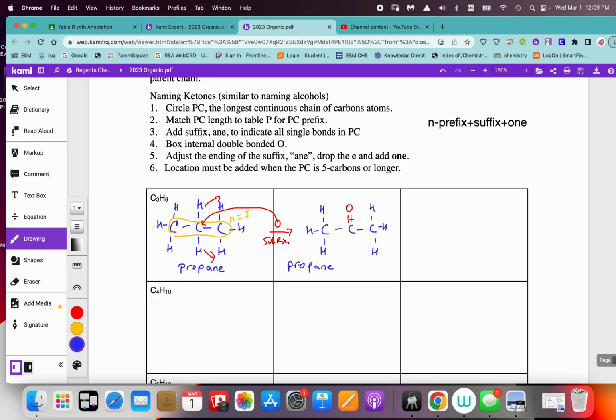But because this double bonded oxygen is on an interior carbon, then we understand that this is a ketone. So we have to drop the E and replace it with, it looks like 1, but we pronounce it own. A common ketone you guys would be familiar with would be acetone. So this would be known as propanone.